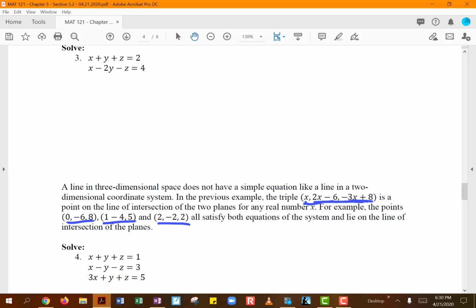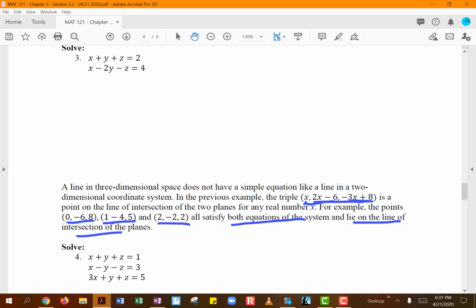And of course, they are going to be part of that line, which is where the two planes are intersecting. So that's what they are saying, that the equation of a line is not going to be similar to what you had seen in a 2-dimensional coordinate system.